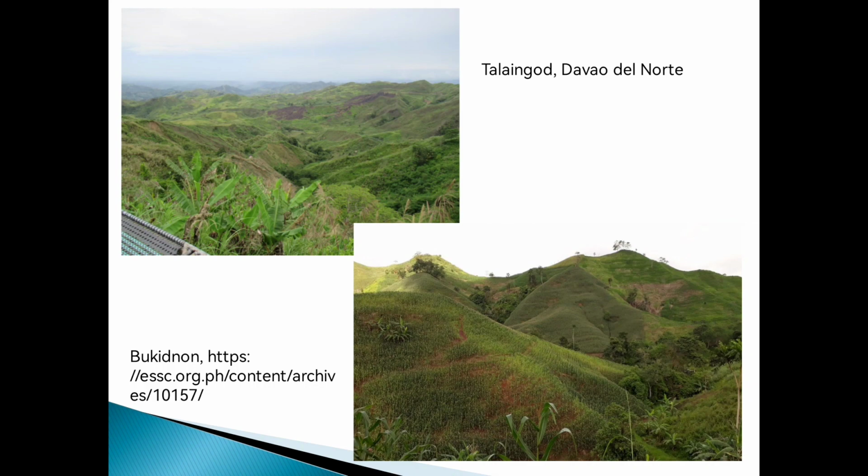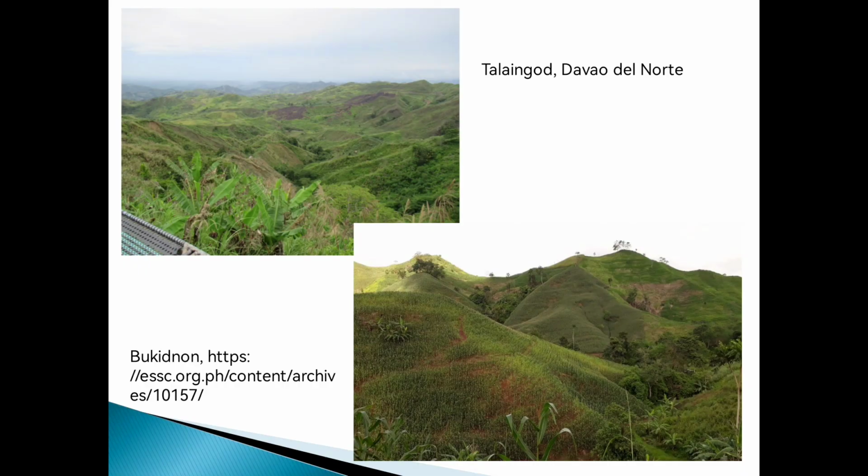And since maraming mga puno dyan, the accumulation of the organic matter from the leaves of the trees will also be more kumpara dun sa higher part. So magkakaroon, although same lang ang kanyang area, if you compare the soil profile from that and from the other side, it will be different.